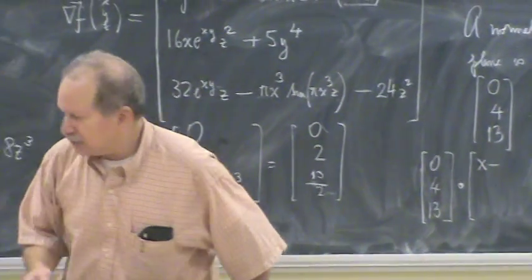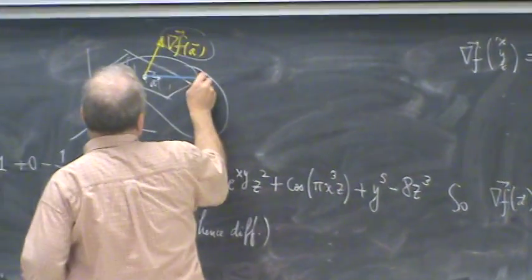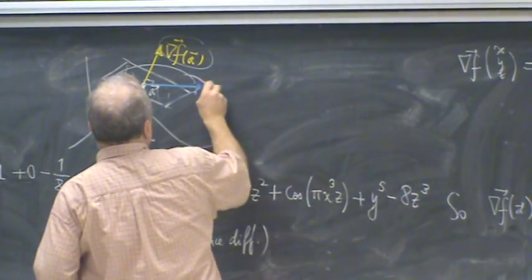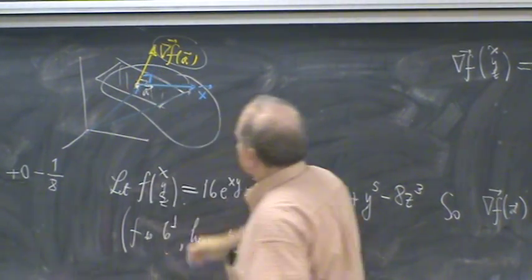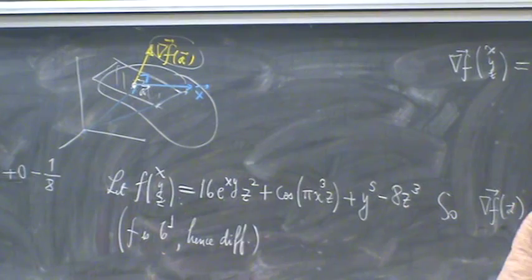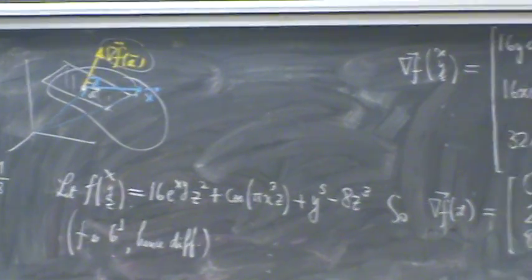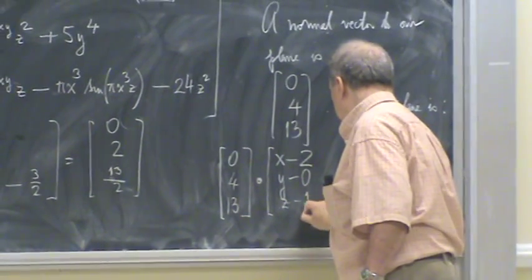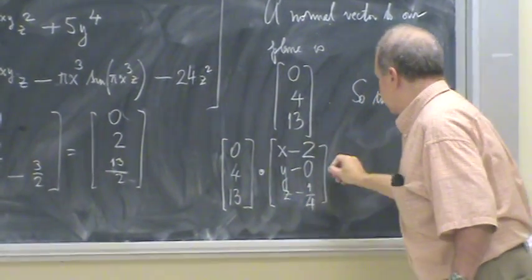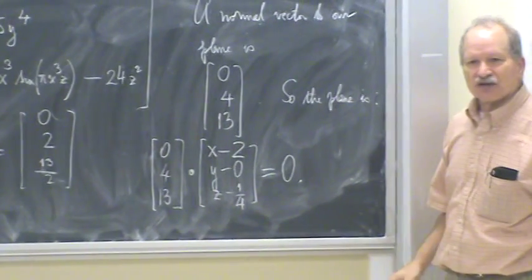Remember that we did this at the end of chapter 1. We're saying if you took any point x, the vector x minus a is orthogonal to the gradient vector. So we're taking x minus a, and that dot product is 0. That's the equation of the plane.